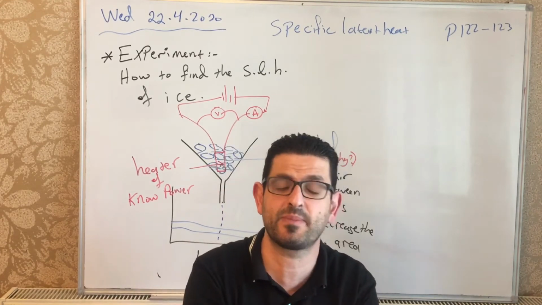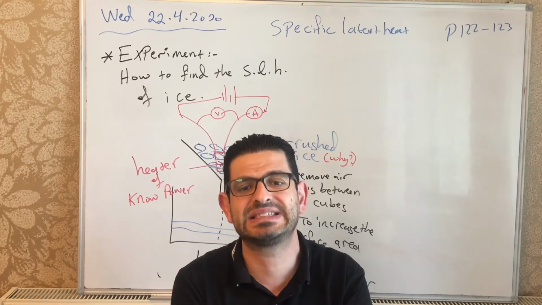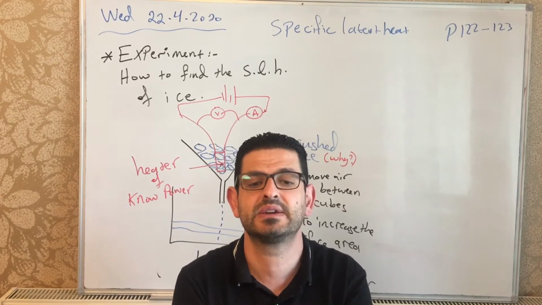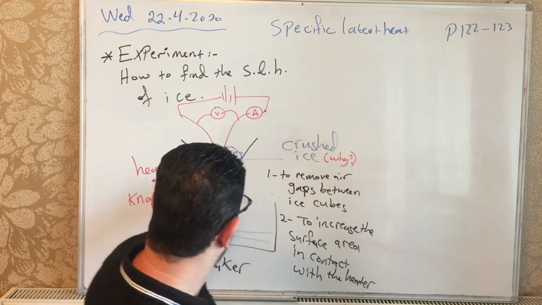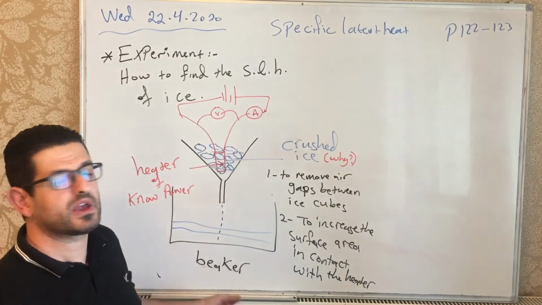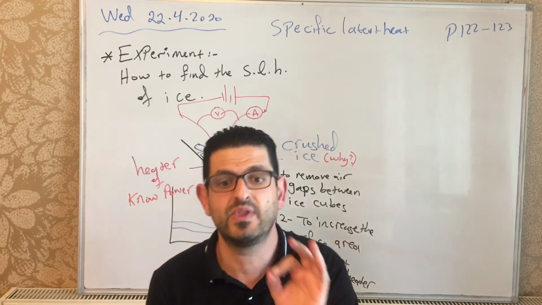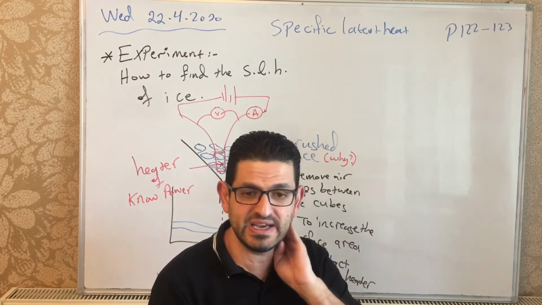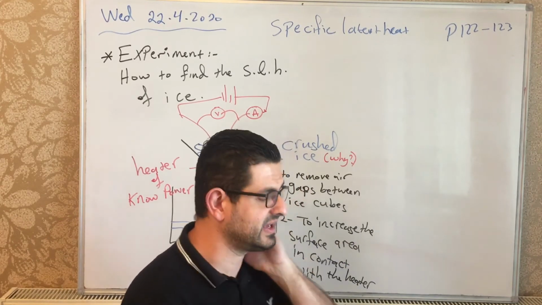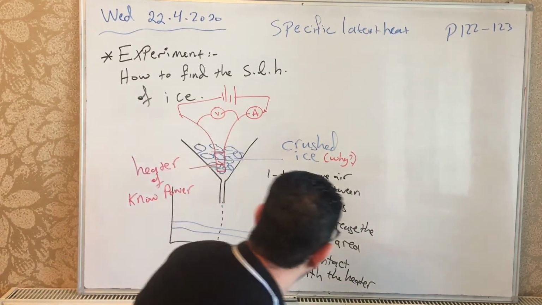Now this doesn't mean that the ice is ready to melt. The ice is not at 0 degrees Celsius. When the water starts dripping from the funnel at a constant rate, this means the ice is ready to melt. The ice is at 0 degrees Celsius. Okay, then step number 1.